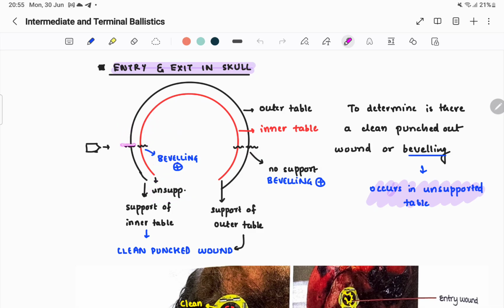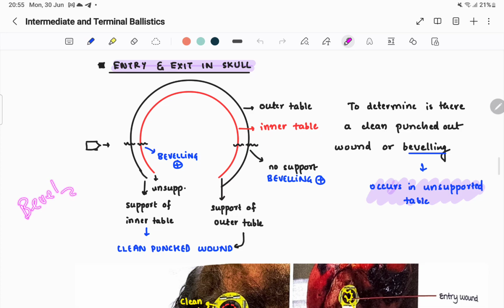You can very well see it punctures the outer table. This is unsupported, fragile here like this. So there will be beveling here. This is unsupported, there will be beveling here. So beveling basically occurs in the unsupported table.